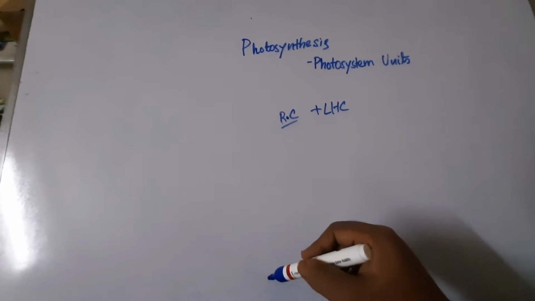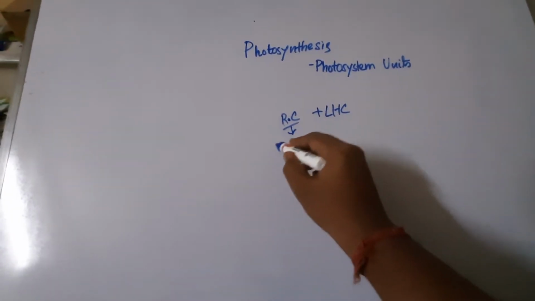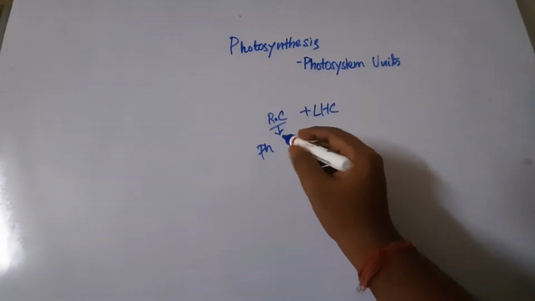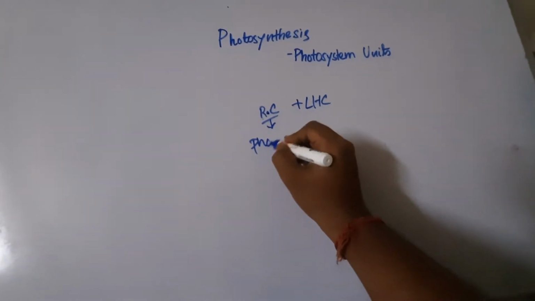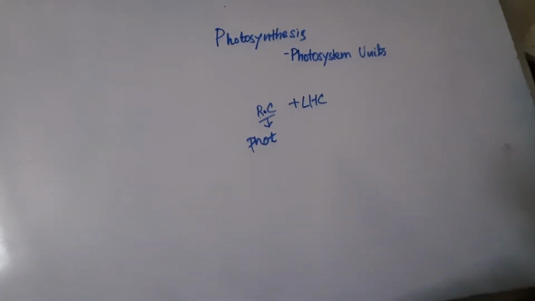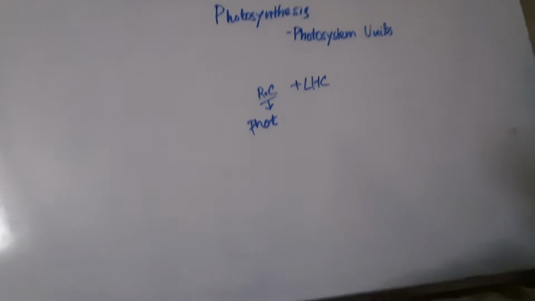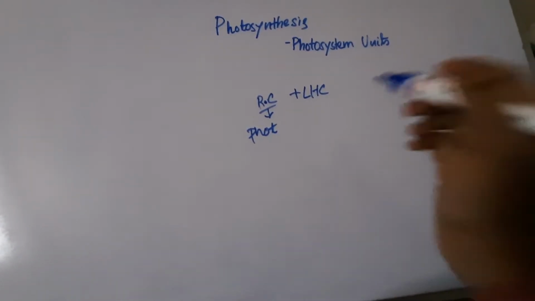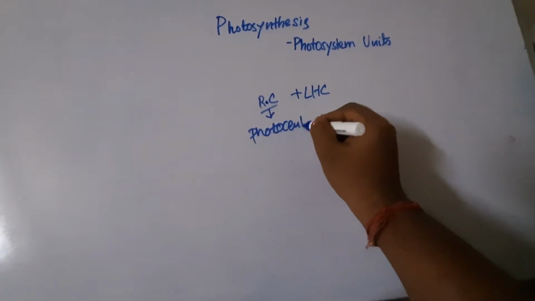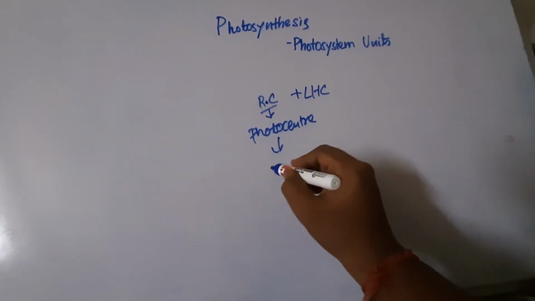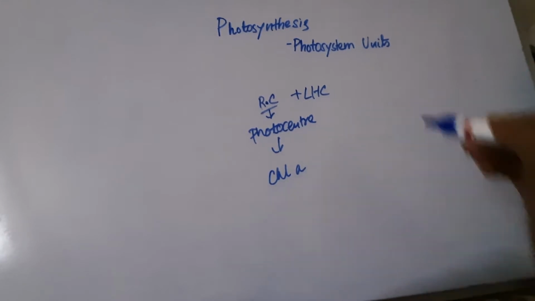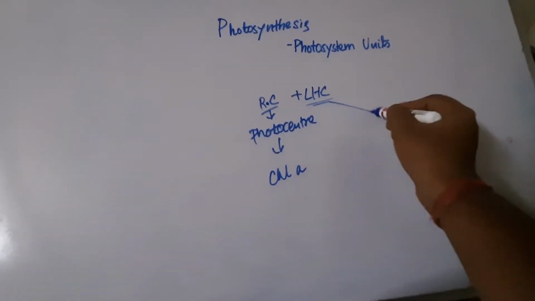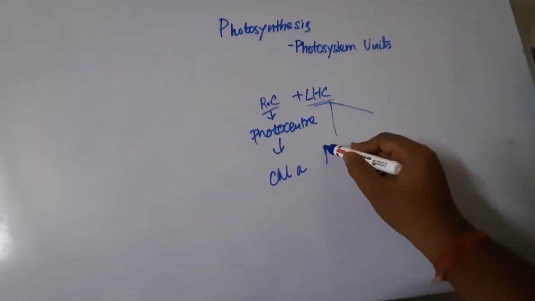The reaction center, which is also called the photocenter, is made up of chlorophyll A molecules, and the light harvesting complex has two types of molecule.